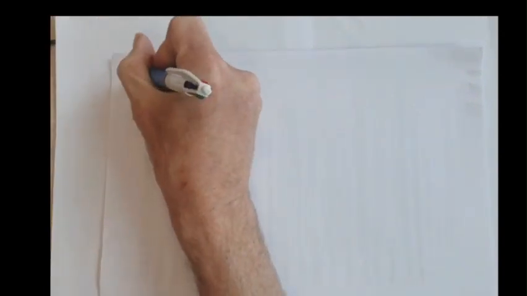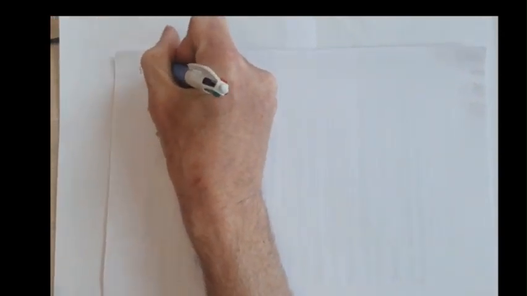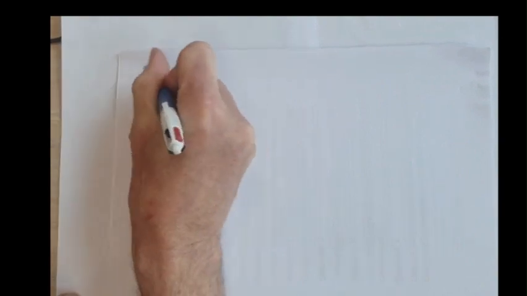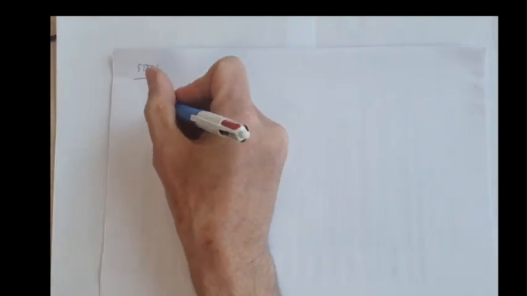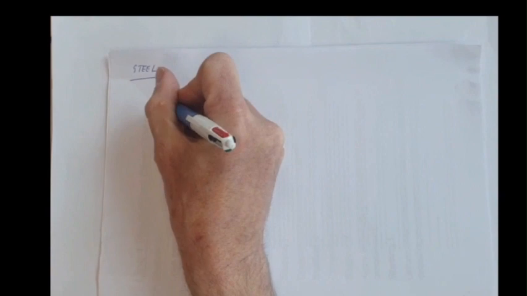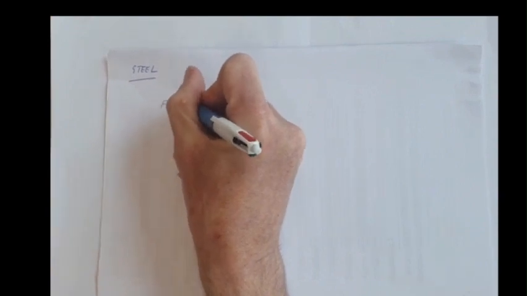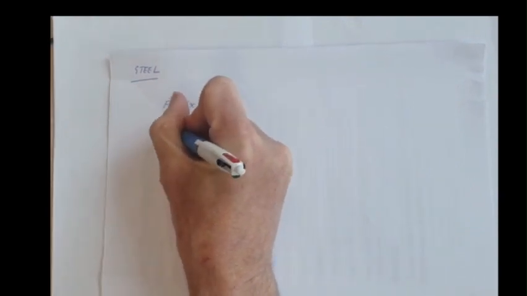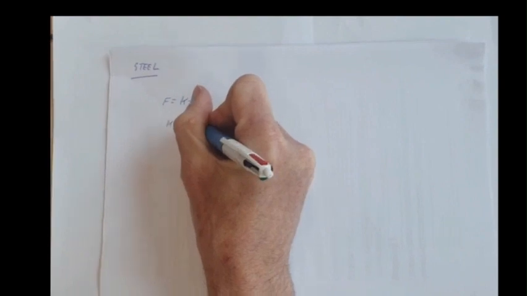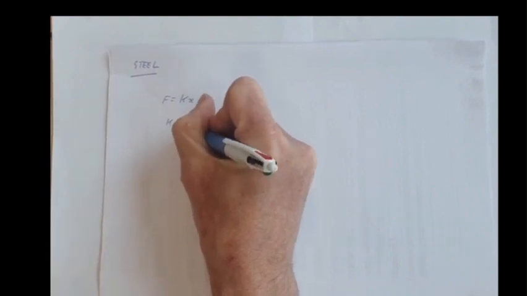Okay, the baseline structure. So for the steel structure, what have we got? Our stiffness, F equals Kx, Hooke's law. So K equals F over x.